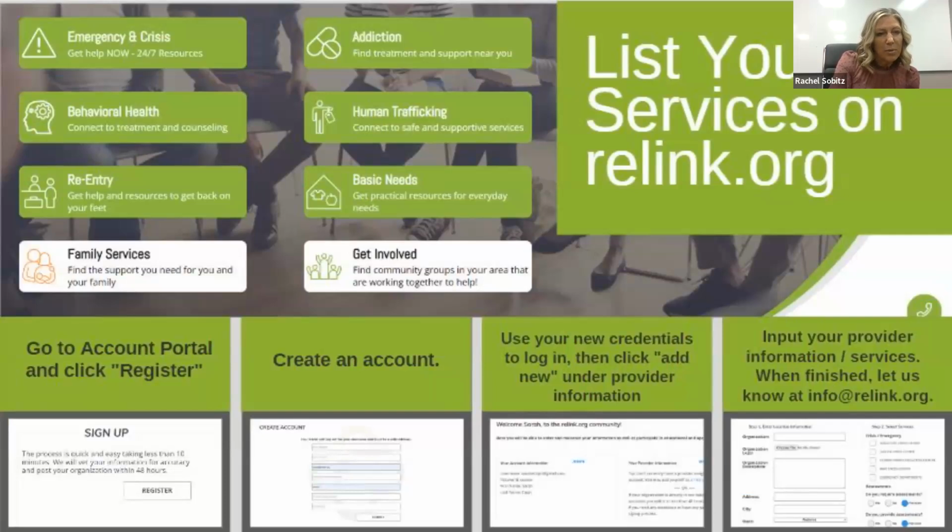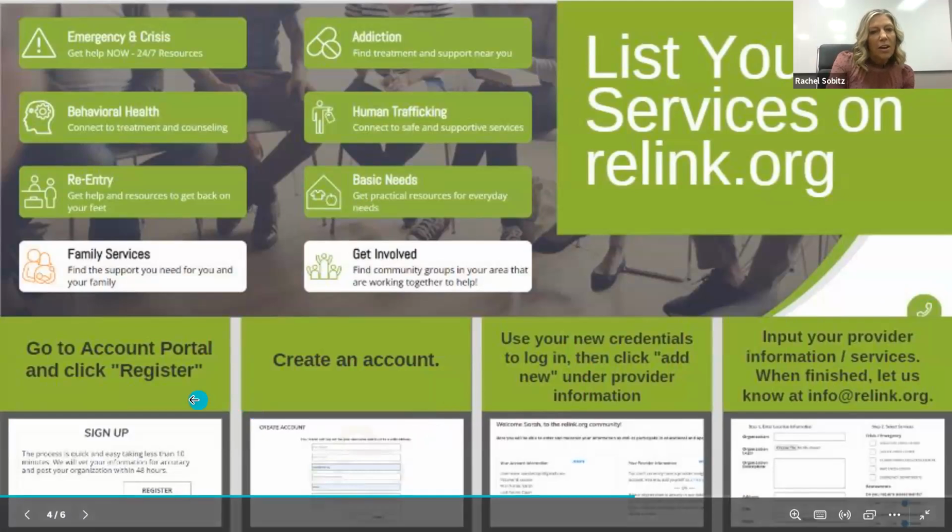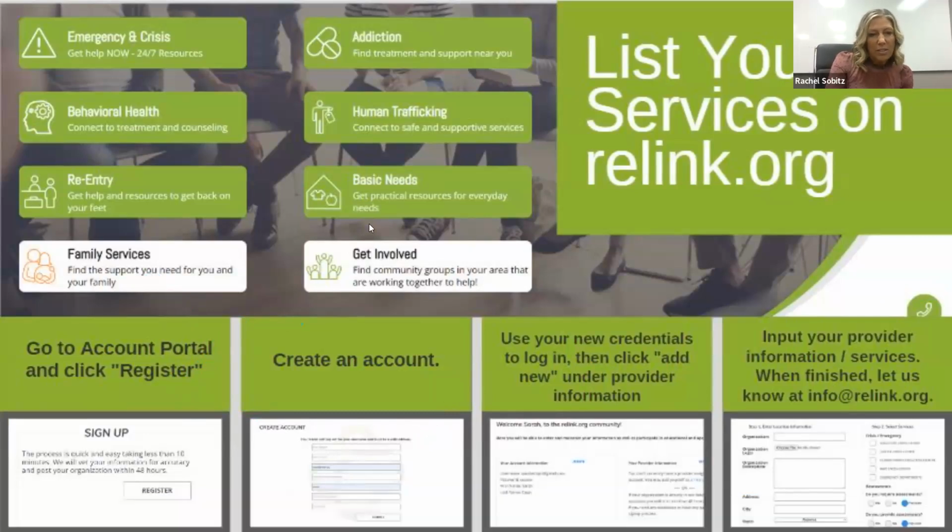You can also list your services on relink.org. If you're a service provider and you'd like to be listed, you can do that. We can either help you set that up or you can do it yourself. Under the account portal, you can click register, and that'll give you the option to create an account. One thing that we love to suggest is that people keep their own data up to date.